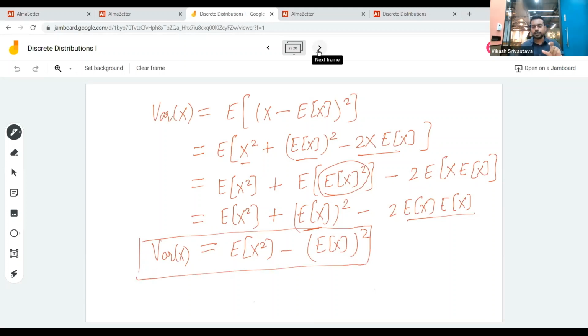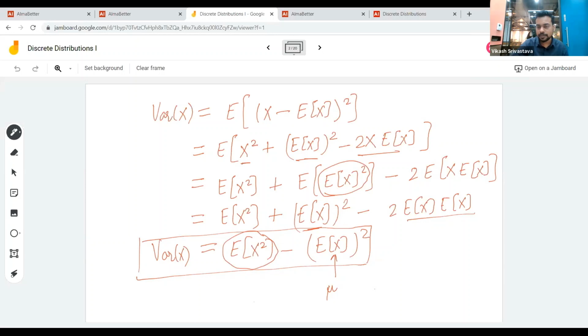The first term is the expectation of x squared, and the second term is the squared of the expectation, which is simply mu, the mean or expected value of your random variable x. But the first term is the one we are looking at for the first time: inside the brackets you don't have x but x squared, and you're calculating the expectation of that. I hope you understand this particular bit.